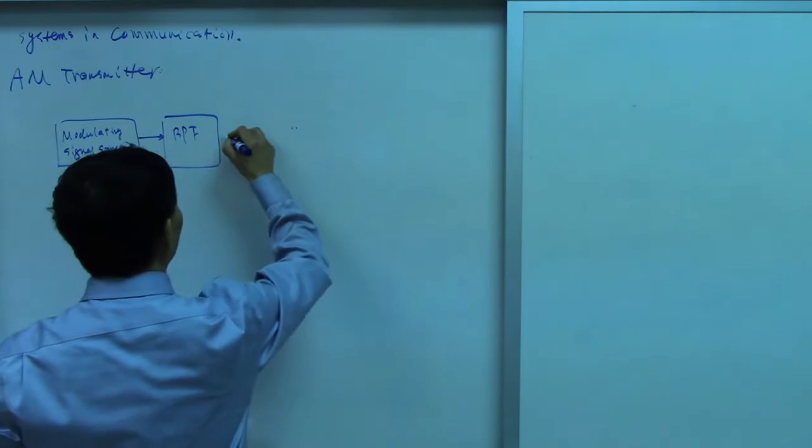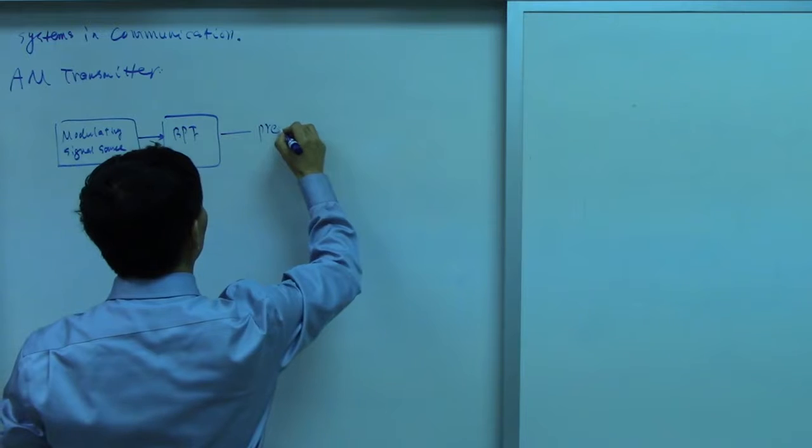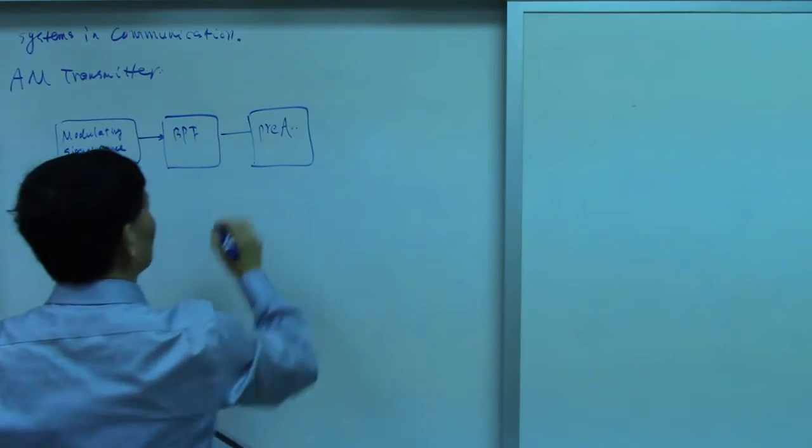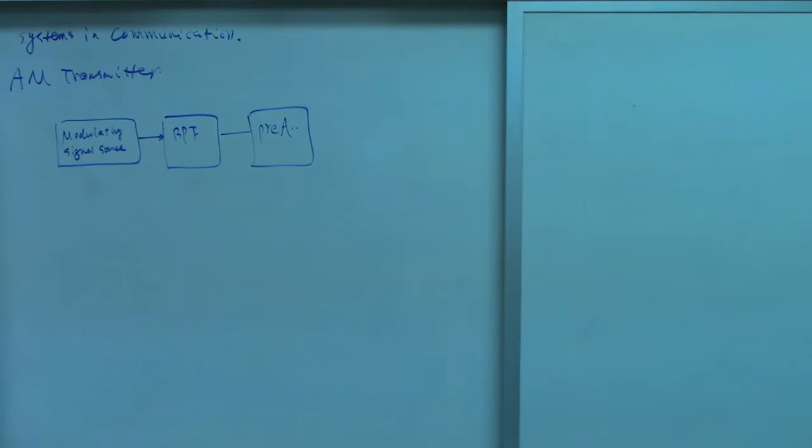Then we have a preamplifier. What's the purpose of the preamplifier? Resistance, impedance matching, and also most importantly, we mentioned this when we discussed noise figure: reduce the overall noise factor of the system, right?